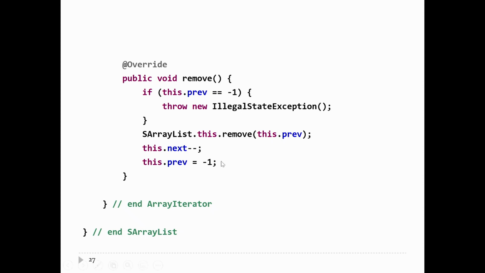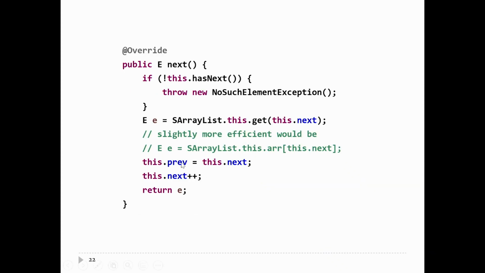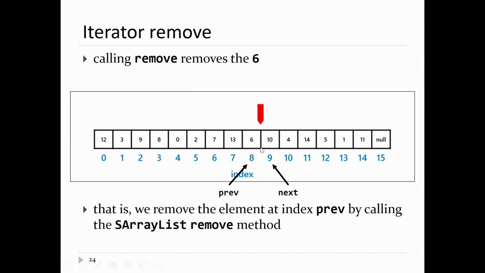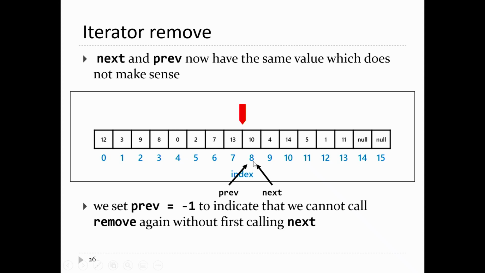Now, because we're setting previous to -1, this is why in next you don't update previous by writing this.previous++. Because if someone calls next, previous is -1. If you add 1 to -1, you get 0, which might not be the correct element if you're somewhere in the middle of the list. So if I'm here and I remove the 6, and back the iterator up, when you call next again, I want previous to be equal to 8, the index 8.